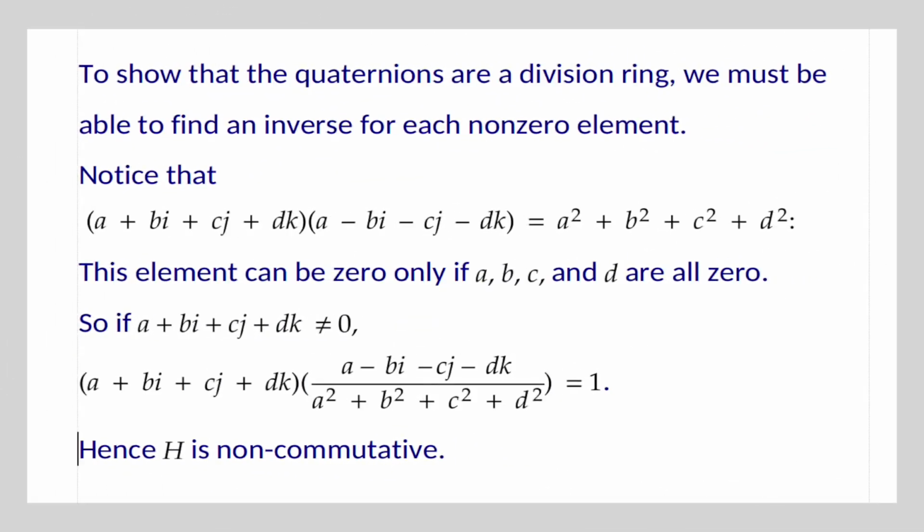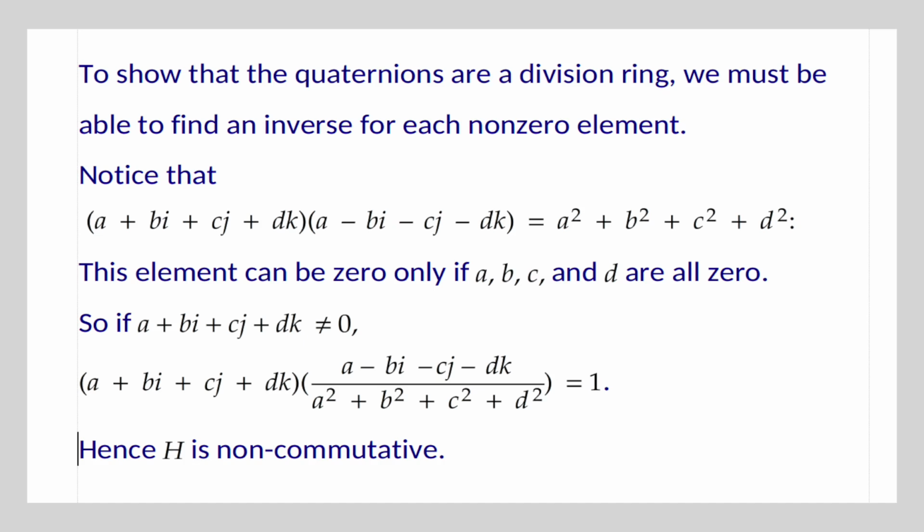To show that the quaternions are a division ring, we must be able to find an inverse for each non-zero element. Notice that (a plus bi plus cj plus dk) times (a minus bi minus cj minus dk) equal to a square plus b square plus c square plus d square.